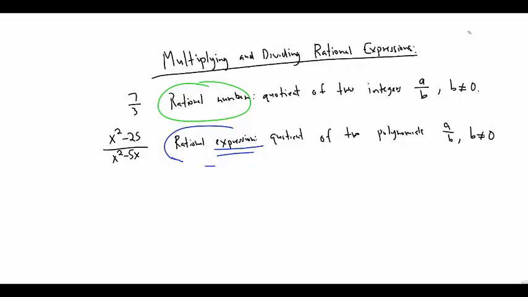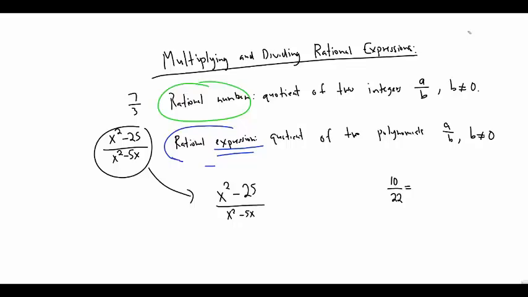So let's actually deal with this example. And we want to put it in lowest terms. Just like with rational numbers, every rational expression can be expressed in lowest terms. Let's go back and talk about lowest terms of a rational number. Here's a good example, 10 over 22.